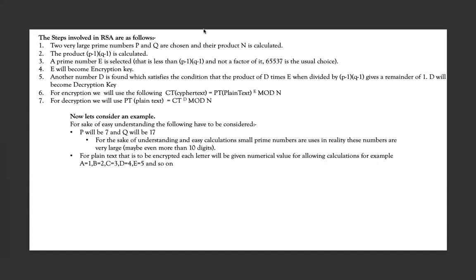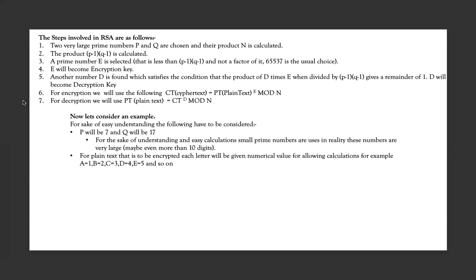So the remainder should be 1. If this condition is met, D will become my decryption key. So I need a number D which satisfies this condition.